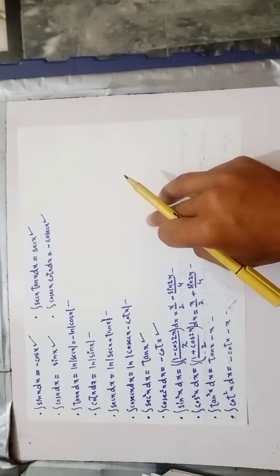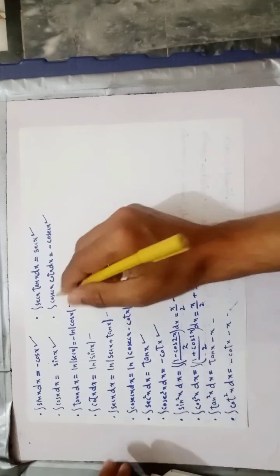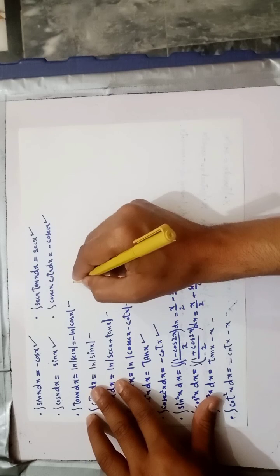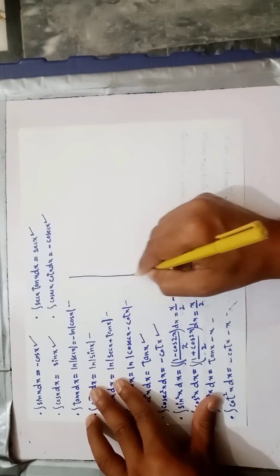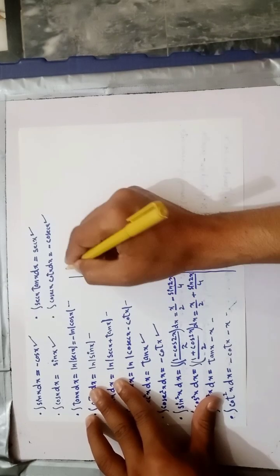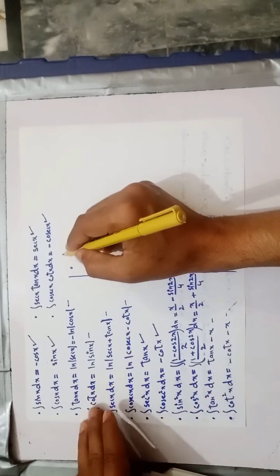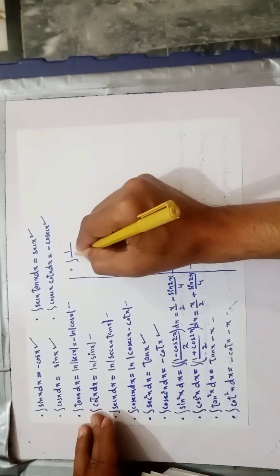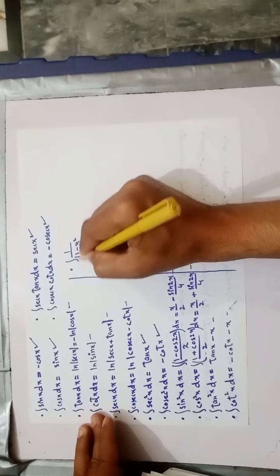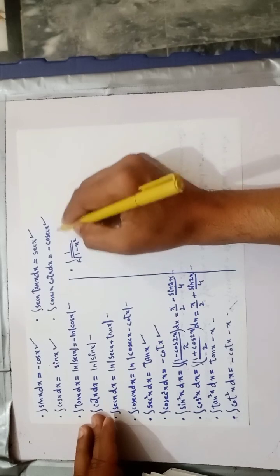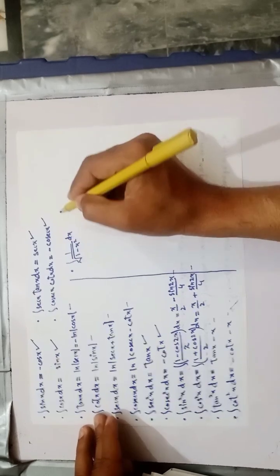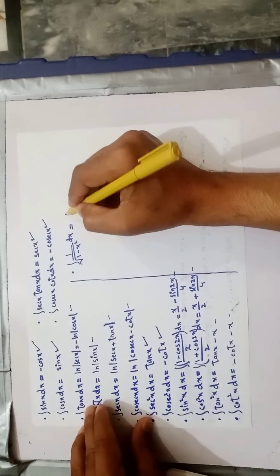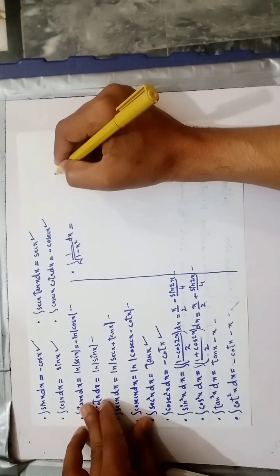Now there are some inverse trigonometric function formulas, which you have to understand before going to the exercise. For example, we have the integration of 1 over square root of 1 minus x square dx. How can we memorize it?